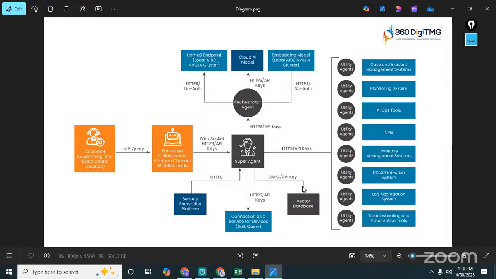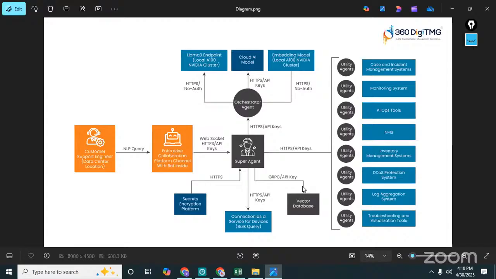The vector database will actually allow semantic retrieval of historical logs, incidents, or embeddings. This will enable intelligent systems to understand the context and relate past cases to current problems, even if worded differently.